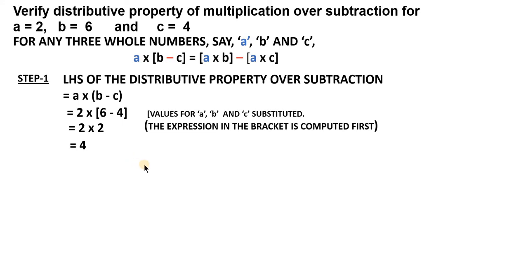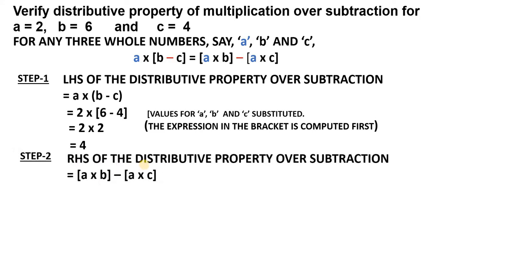Now in step 2, we will find the value of the expression on the right hand side, the RHS of the distributive property over subtraction. So it is A into B minus A into C. We will substitute the values of A, B, C in this expression.